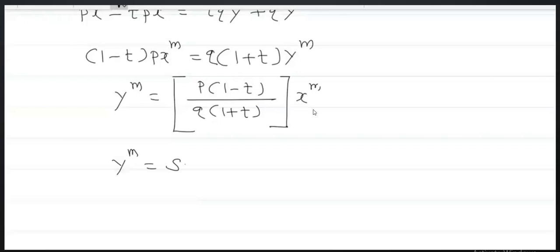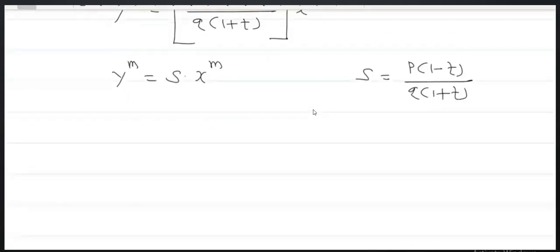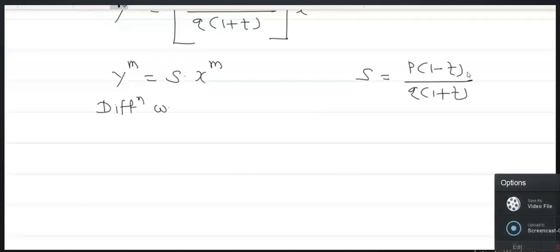Now, y raised to m is equal to s into x raised to m, where s is another constant, that is s is equal to p into (1 minus t) upon q into (1 plus t). Now differentiate this with respect to x.